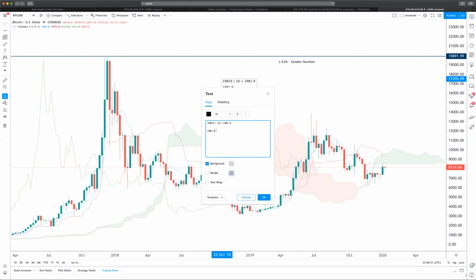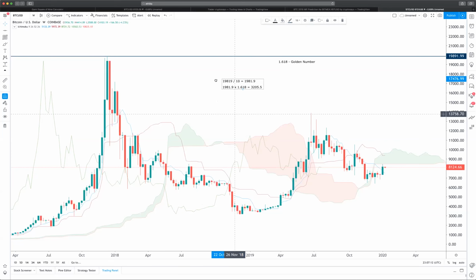1981 times the golden number, 1.618, you're going to get 3205.5, right? Wow.